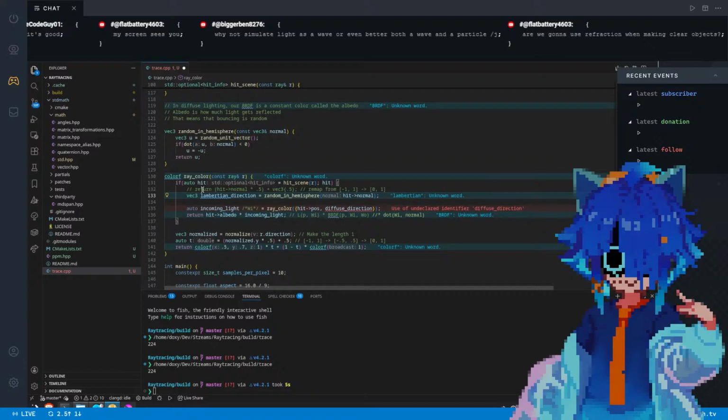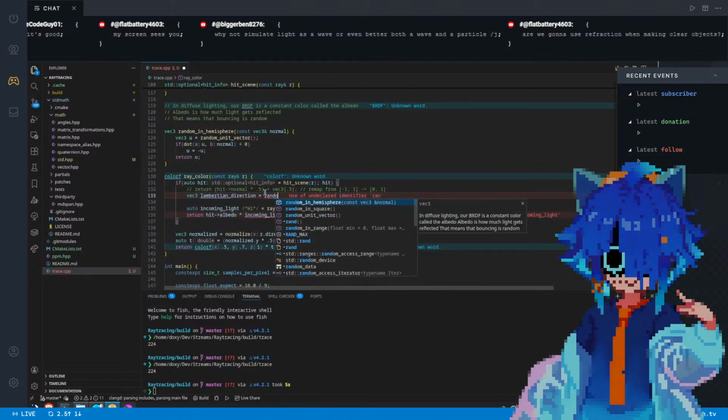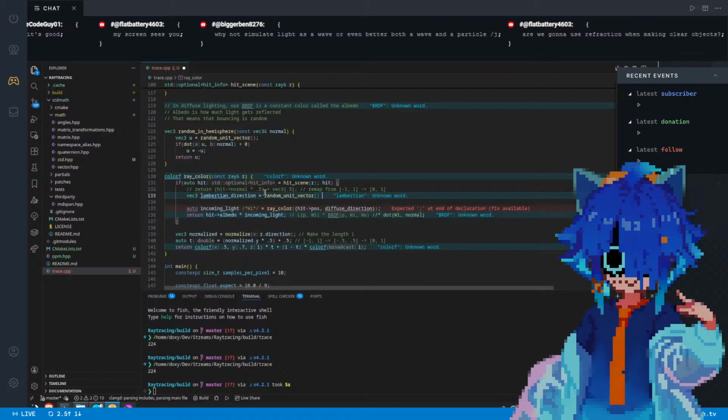People visually like Lambertian diffuse better than normal diffuse. It models the real world a little bit better in our brains. It's also slightly easier to calculate. The way we calculate it is that we take a random unit vector and we add that random unit vector to the normal.